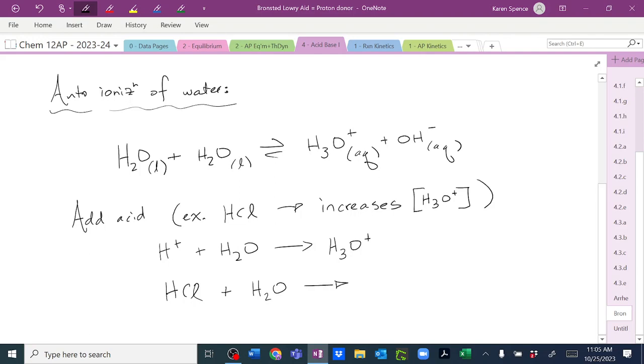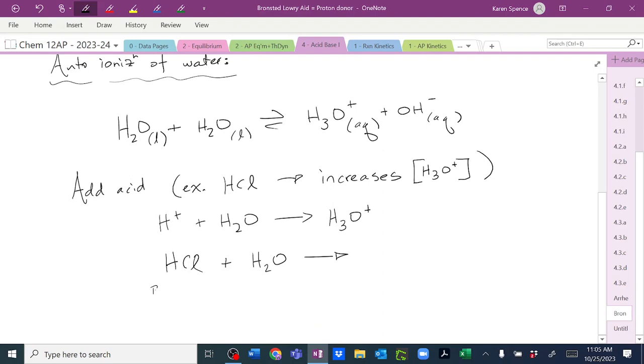And I can say HCl is the Bronsted-Lowry acid, and if water is reacting with an acid, it is going to act as a base. Bronsted-Lowry base. So here comes our hydrogen ion.